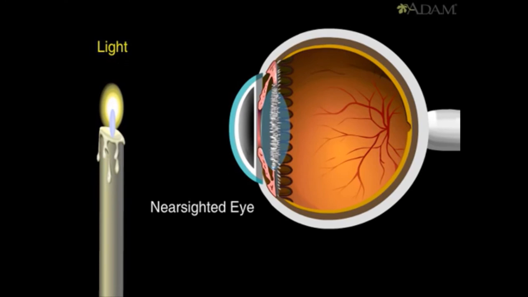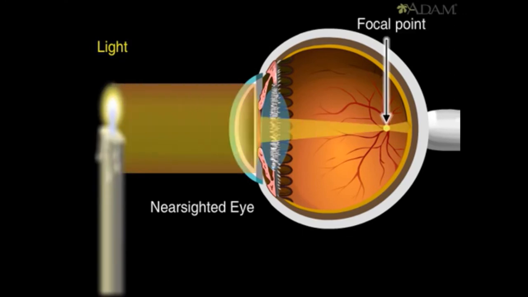The longer the eye, the more distance there is between the lens and retina. But the cornea and lens still bend light the same way. That means the focal point will be somewhere in front of the retina rather than on it. This makes it difficult to see things that are far away. A person with a long eye is said to be nearsighted.